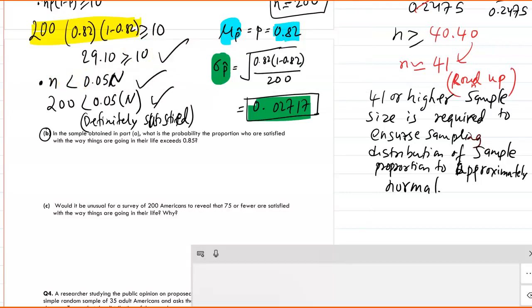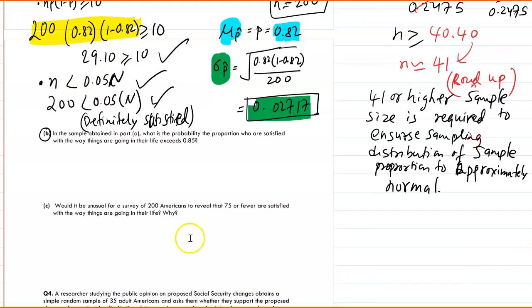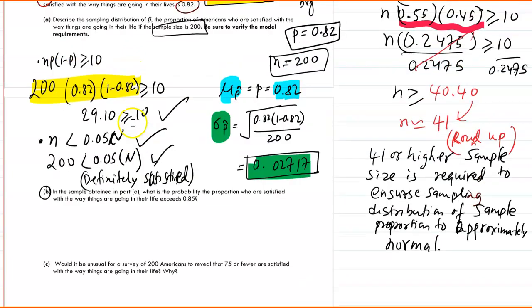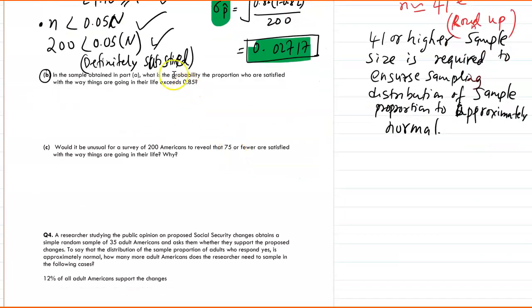For B, in the sample obtained in part A, that means 200 sample, what's the probability the proportion who are satisfied with the way things are going in their life exceeds 0.85?